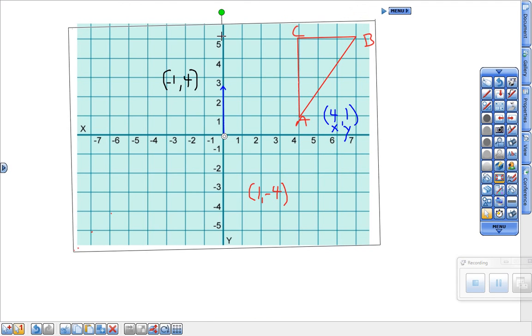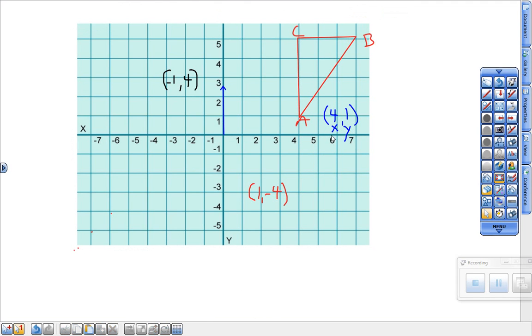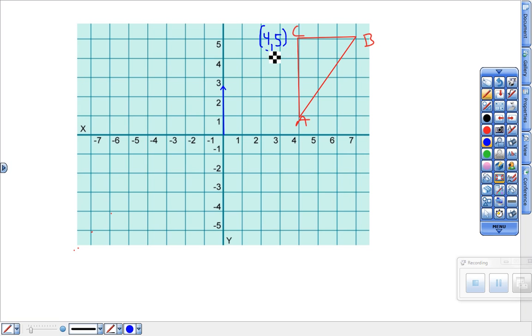And then one more point as an example. I'm going to look at point C now. So that point for C, if I look at it, is 4 for x and 5 for y. Over 4, up 5.